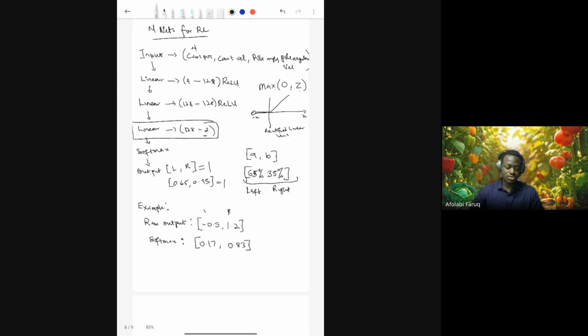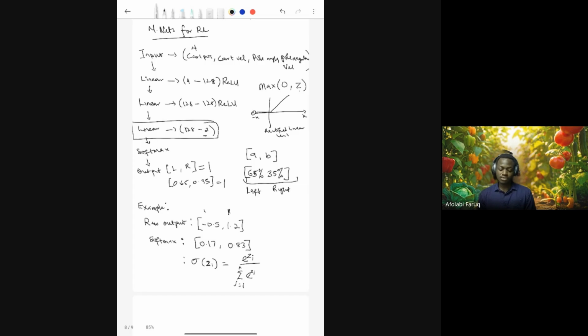So softmax also has its own formula. You can say the formula of softmax is represented by this: softmax of z_i equals the exponential of z_i divided by the summation, j equals 1, starting from 1, of the exponential of z_j.